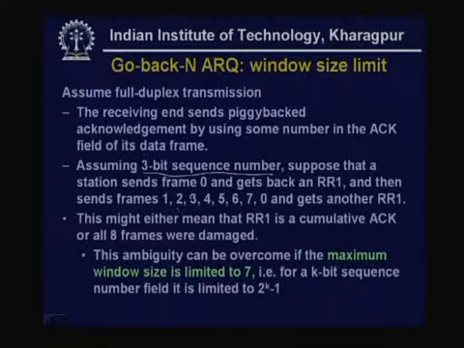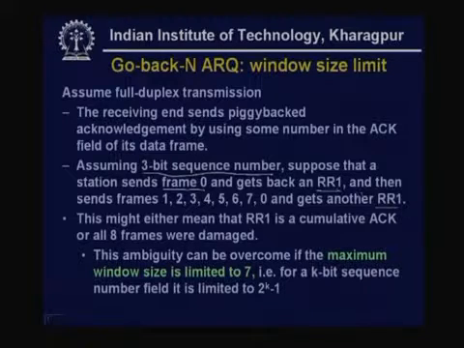So, it can be 0 to 7. Now, suppose that a station sends frame 0 and gets back receive ready 1, that is essentially acknowledgement 1. Then the sender sends frame 1, 2, 3, 4, 5, 6, 7 and 0 and gets another RR1.